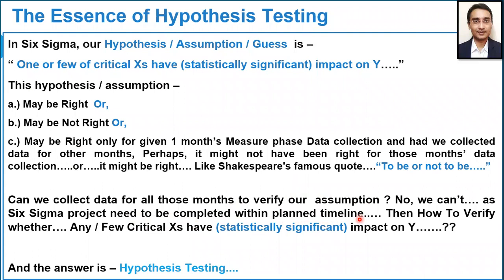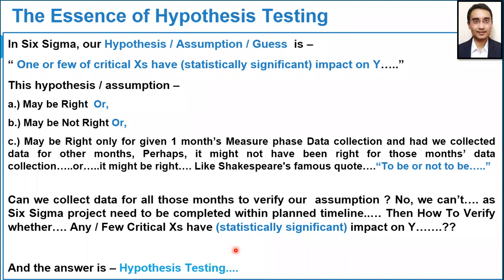So in that situation, how do we verify whether any or few of the critical X's have a statistically significant impact on Y for all those months where we were not in a position to collect the data? How are we going to verify? The answer is hypothesis testing.